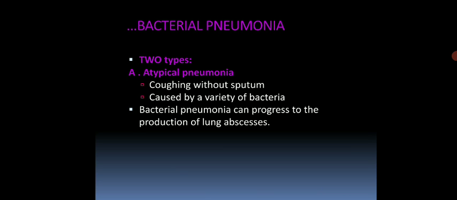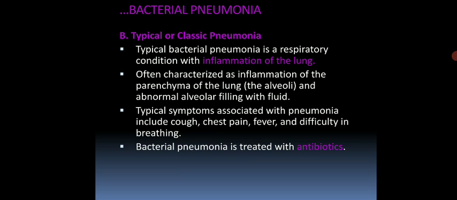Then bacterial pneumonia has two types. The atypical pneumonia, in which there is coughing without sputum, is caused by a variety of bacteria, and bacterial pneumonia can progress to the production of a lung abscess. The second type is typical or classic pneumonia, a respiratory condition with inflammation of the lung.